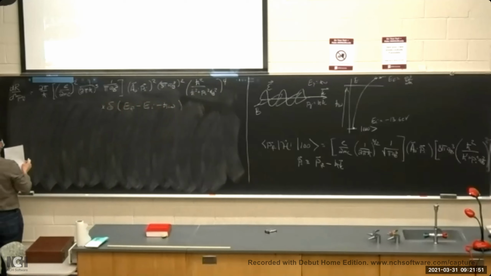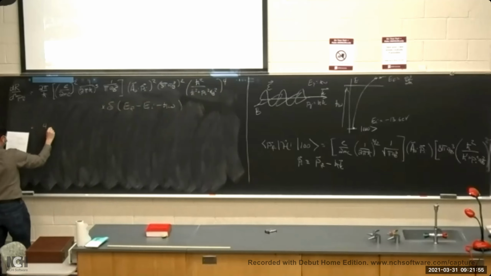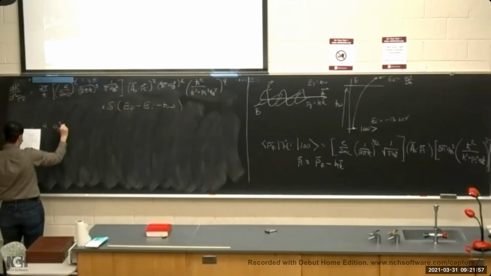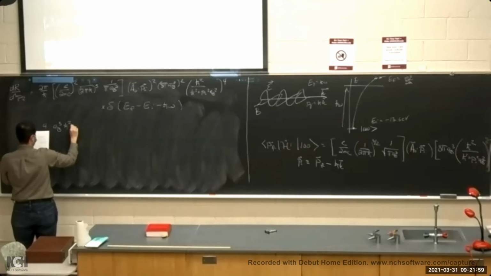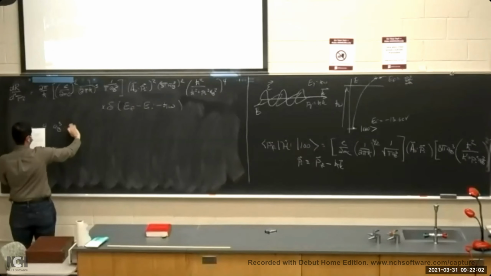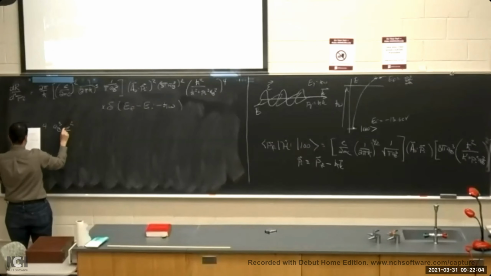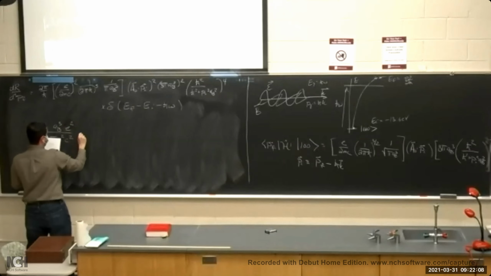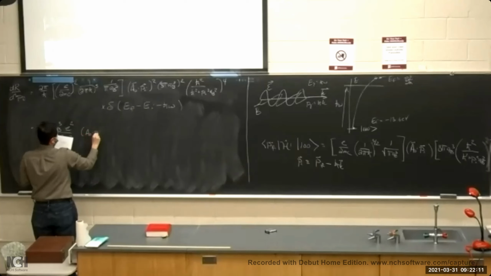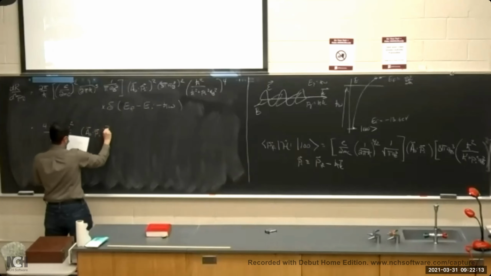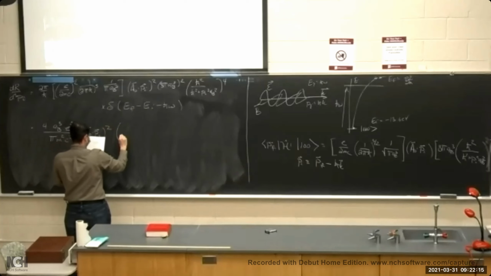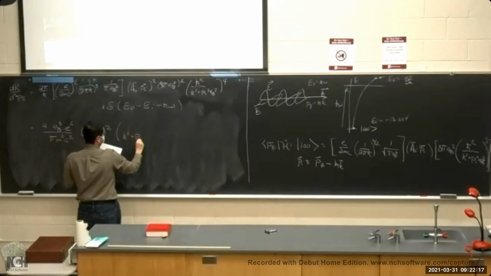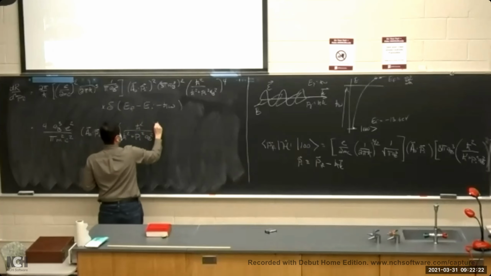All right, so I clean up the constants a little bit and I end up with 4 Bohr radius cubed h bar squared, pull the h bar squared over, e squared over pi m squared c squared, A naught dot P initial squared, over (h bar squared plus P initial squared Bohr radius squared) to the 4th.